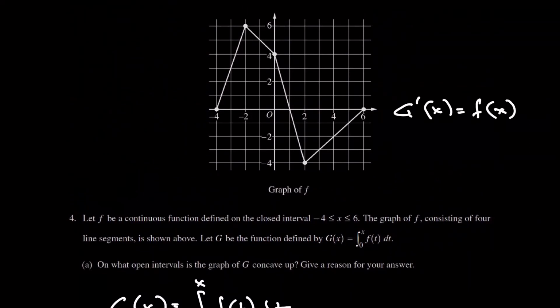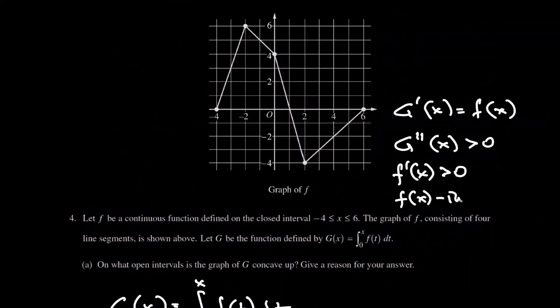And so when is the function g of x concave up? The function g of x is concave up when the second derivative of g is greater than 0. Which means that this is when the first derivative is increasing, which means that f of x is increasing on that interval. So let's take a look at this graph.